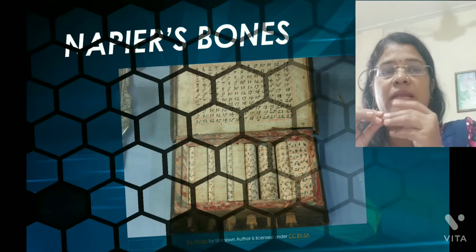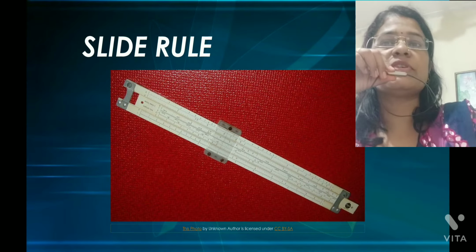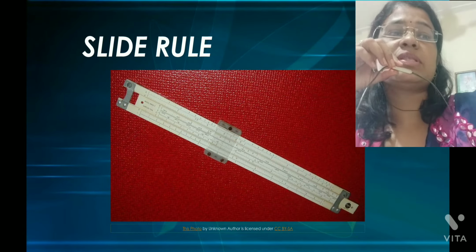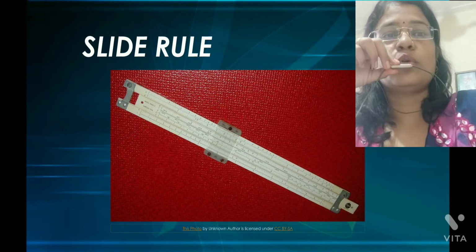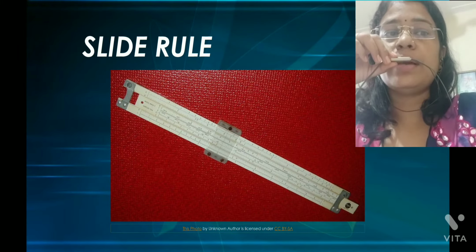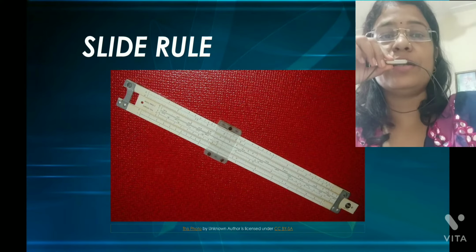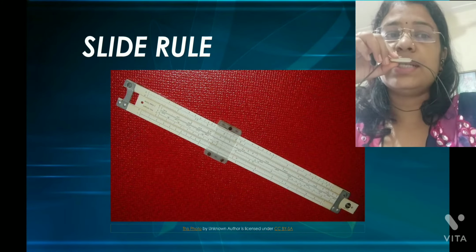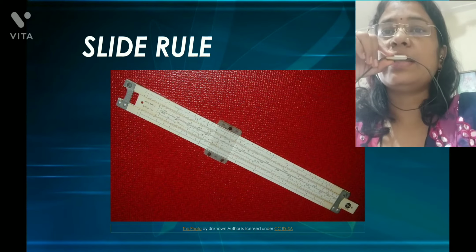Then the next device which was developed was the slide rule. In 1620, the mathematician William Oughtred invented a slide rule which could do calculations easily with the help of the logarithm method.